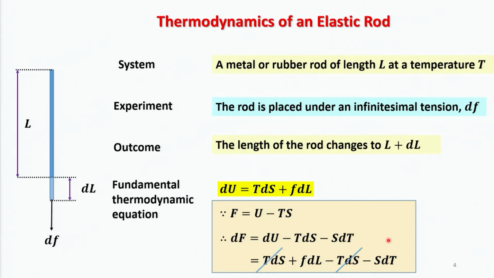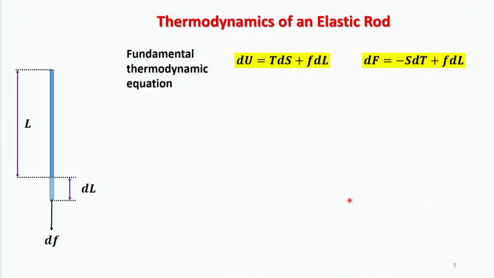Now I can simplify this equation by cancelling out the terms plus TdS and minus TdS, and this gives me the other fundamental thermodynamic equation, that dF is equal to minus SdT plus FdL. And since I am using a system at a constant temperature, I would use this equation for understanding further application of thermodynamic principles to this system.